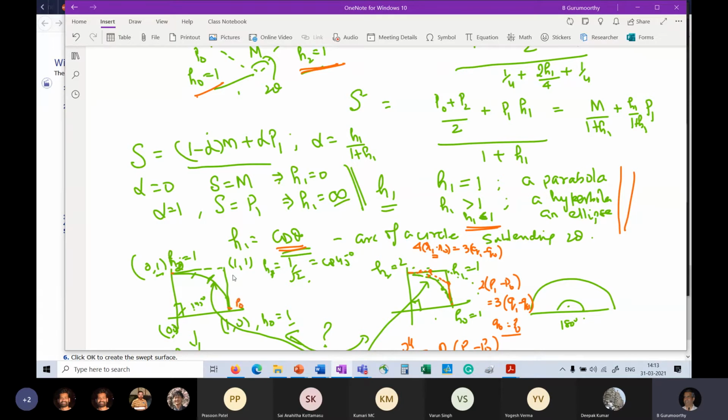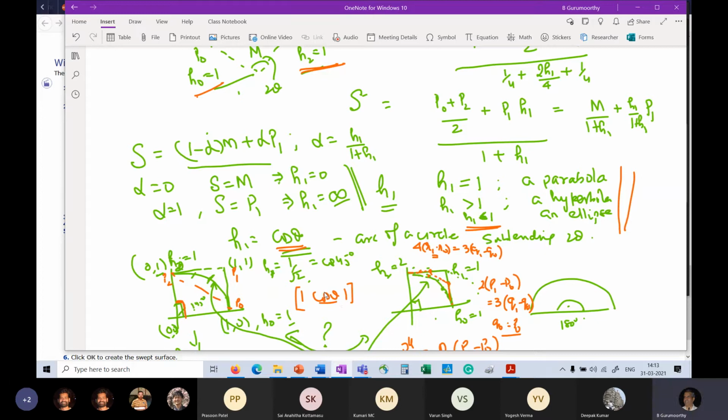So this is P0, P1, and P2. This is the picture, but the angle subtended at the center is 90 degrees. And therefore, if I choose h1 to be equal to cos of 45 degrees, half of that, then that set of weights with this set of control points will give me an exact circle. So here again, I have not calculated it, strictly speaking. I calculated it once, but I have a formula now, which means that weights 1, cos theta, 1 will always give me an arc of a circle which subtends an angle of theta.